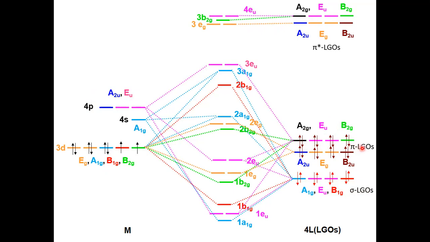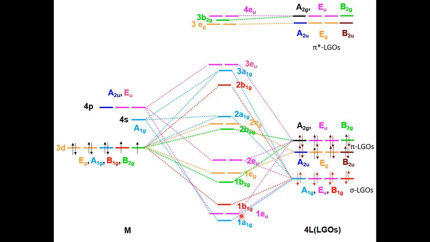That means that the EU type molecular orbitals are influenced both by sigma and pi bonding interactions. So we have overall 1, 2, 3 pairs, which would mean that we get three pairs of molecular orbitals of EU type.